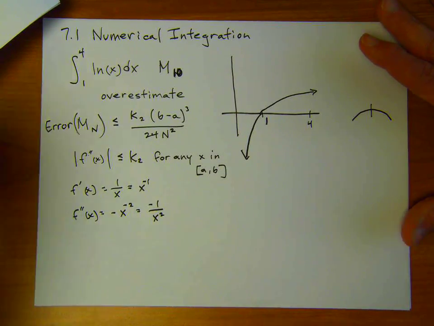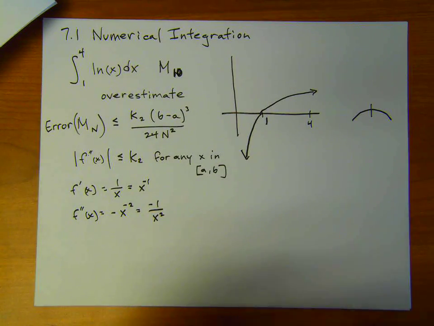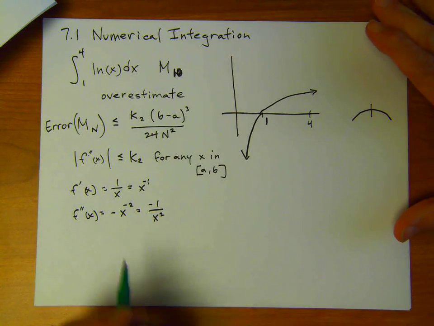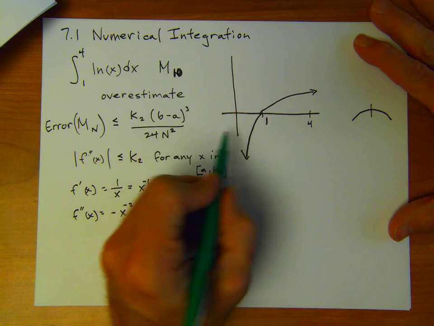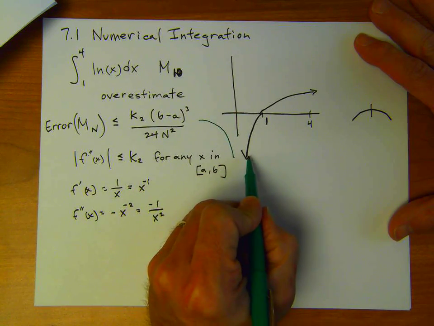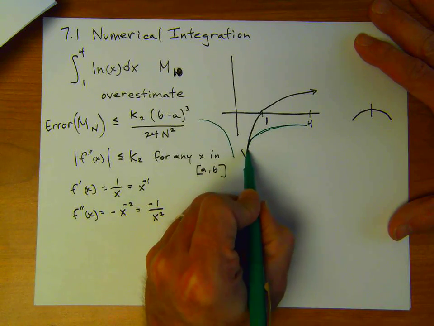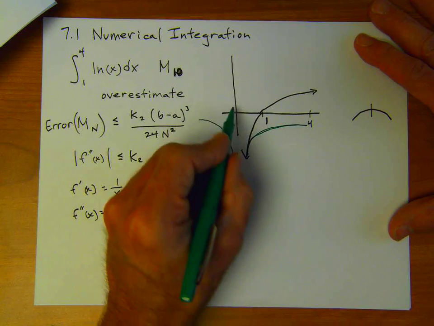Now if I take another pen here, negative 1 over x squared is going to come in like this, with symmetry around the y-axis.